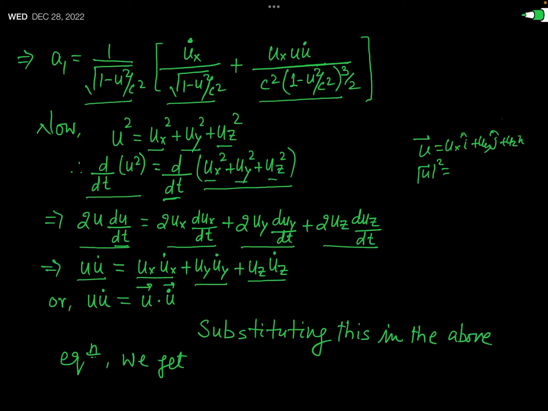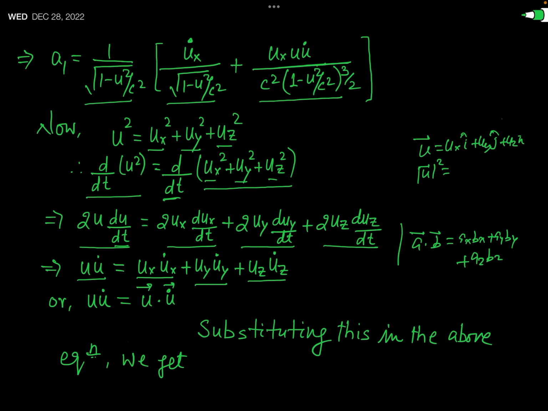Now as you know, the scalar product of any two three-dimensional vectors is equal to ax times bx plus ay times by plus az times bz.